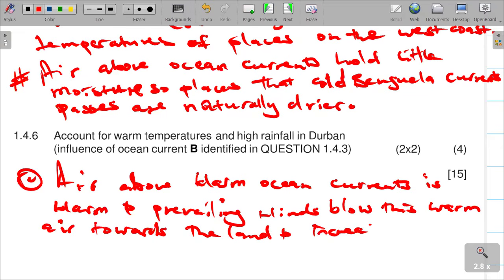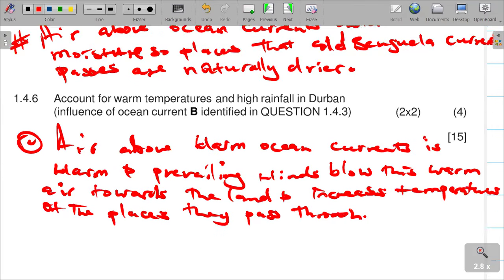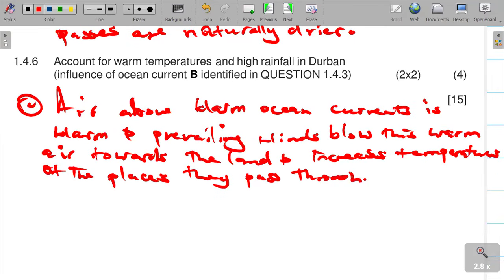It increases the temperatures of the places that they pass through. Places that they pass through tend to have high temperatures because the warm air that moves through them is also warm.